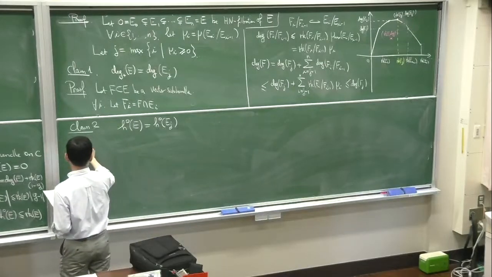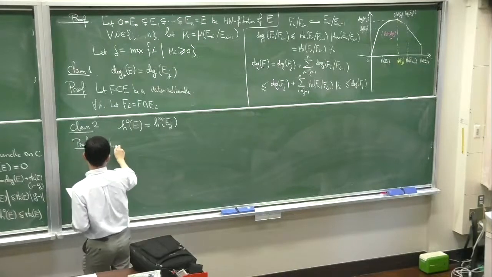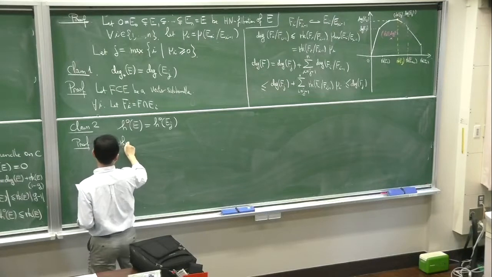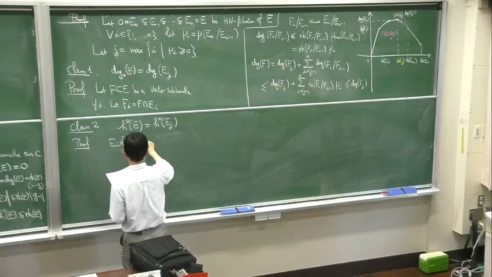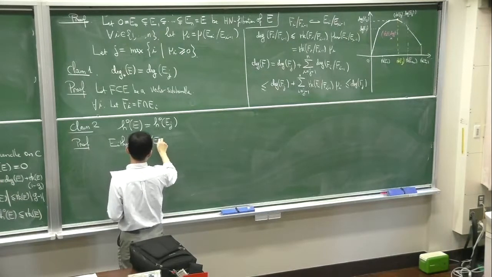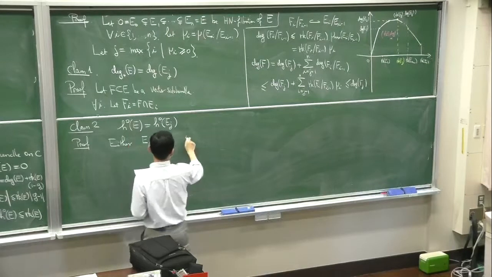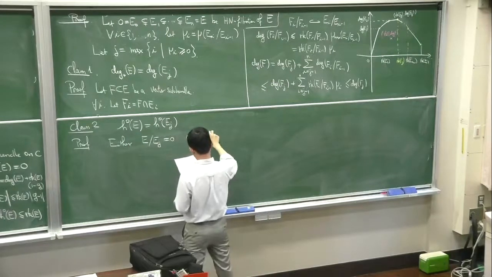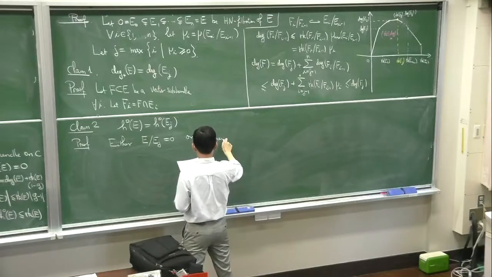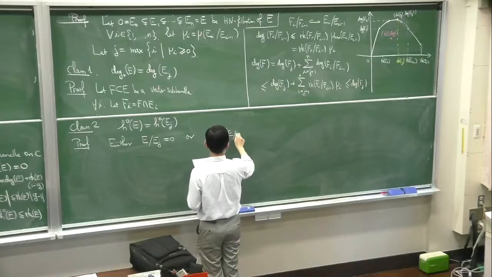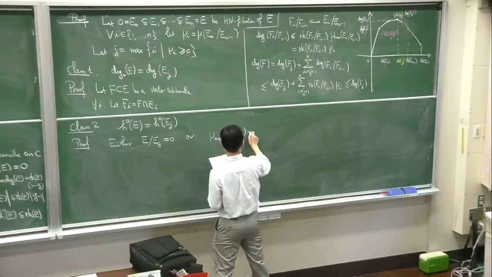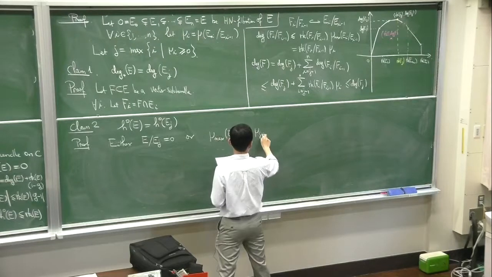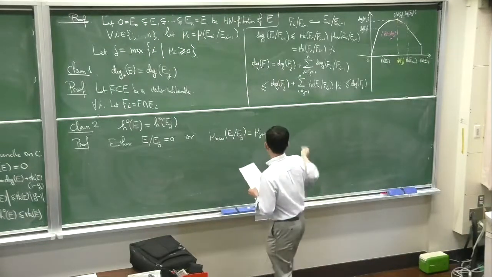The proof is that either E over Ej is 0, or the maximum slope of E over Ej, which is mu j plus 1, is negative.